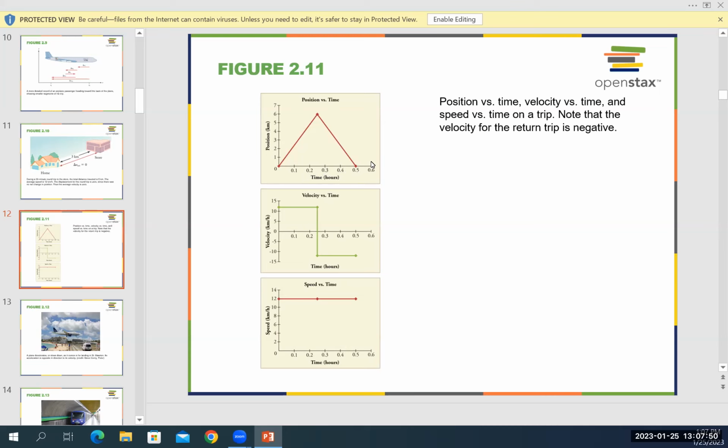So if we choose, because it's convenient, to start in this first graph at 0 time and 0 position, whatever position we started at, we're going to call that 0. And as soon as we start our stopwatch, we're going to call that time 0.